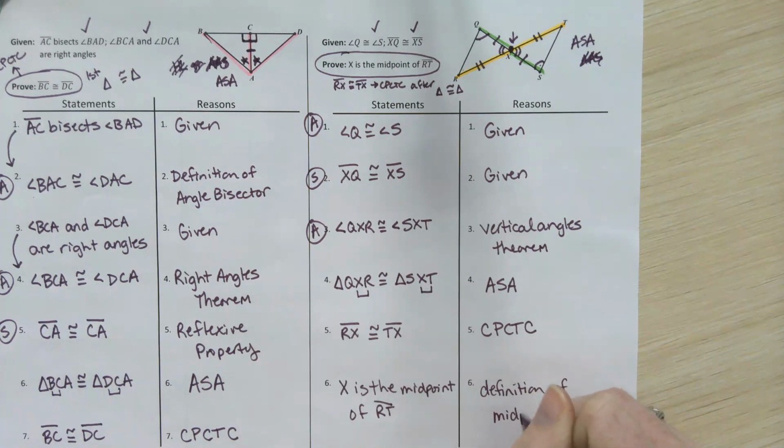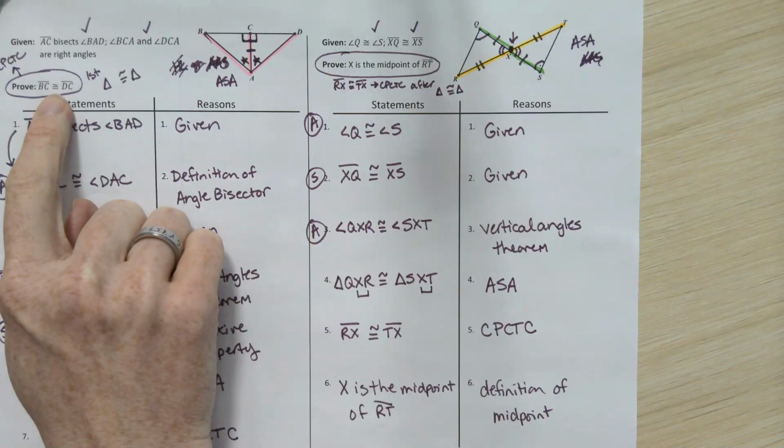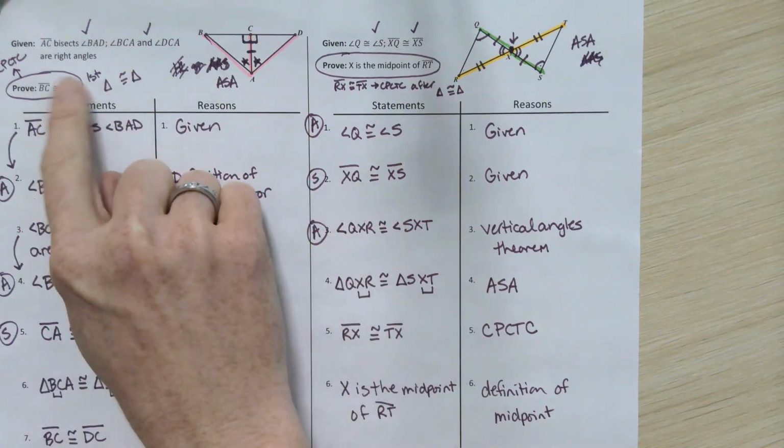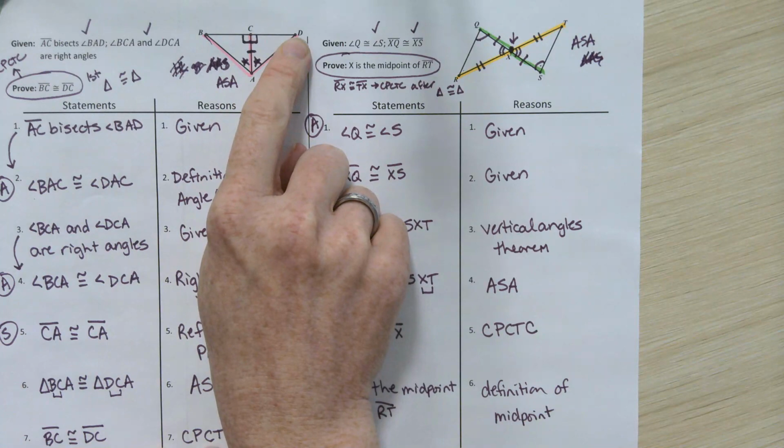We're just using the definition of midpoint backwards. Instead of being told there's a midpoint, we're noticing what's true, and we're stamping that vocabulary word on the situation on our own. So two different types of proofs. One, you'll say that there are some corresponding congruent parts. You might be asked to prove that angles are congruent. So instead of this segment statement, you might have been asked to show that angle B is congruent to angle D or something.